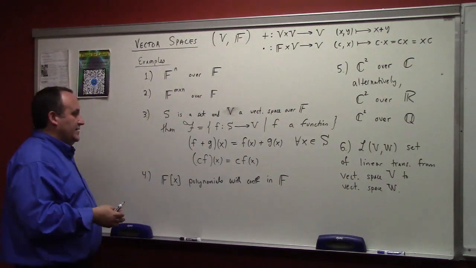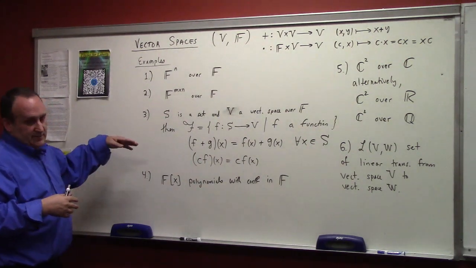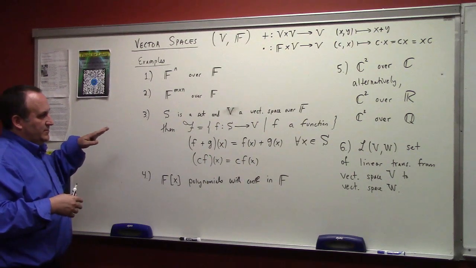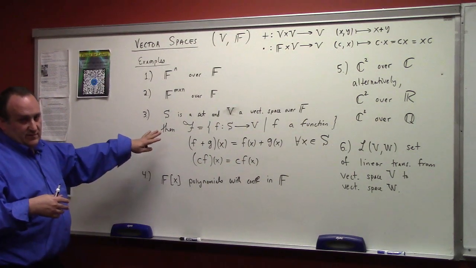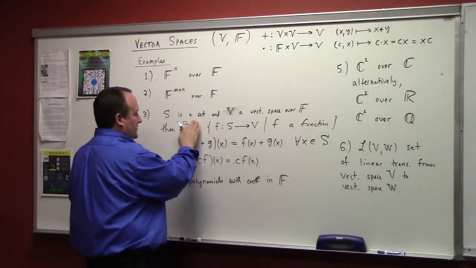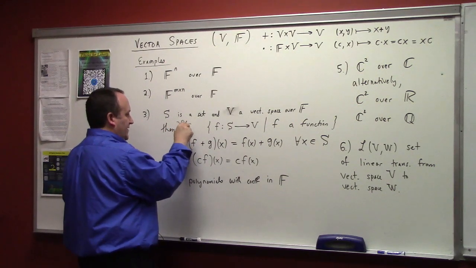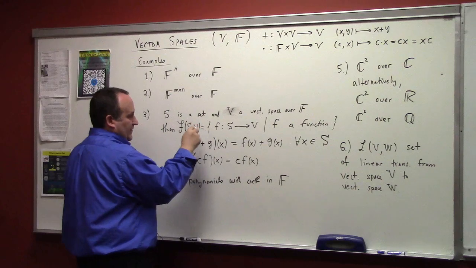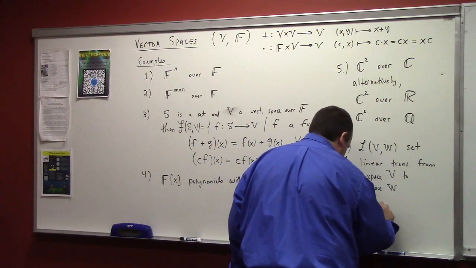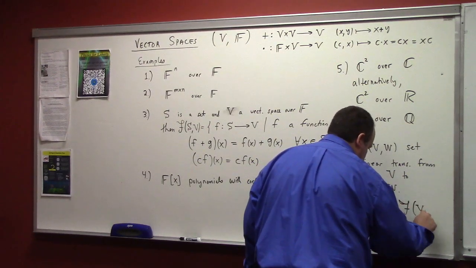I mean, that really is a sub-example in some sense of 3, because you could look at the set of all functions. I don't really have a good notation for it, but let me introduce a notation, F(S, V). All right, so L(V, W) would actually be a subspace of the function space from V to W.